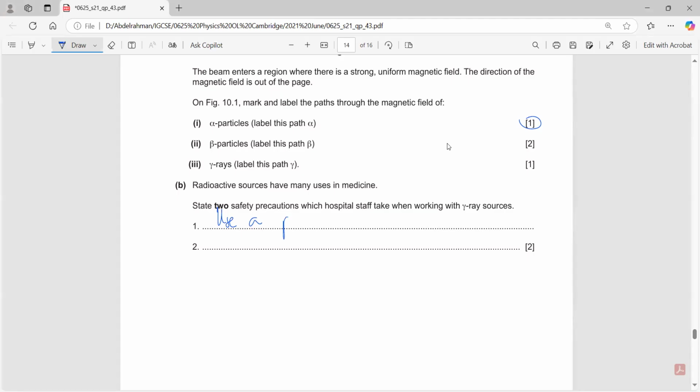Use a protective barrier. Decrease the time of exposure, increase the distance, store in a lead container, okay?